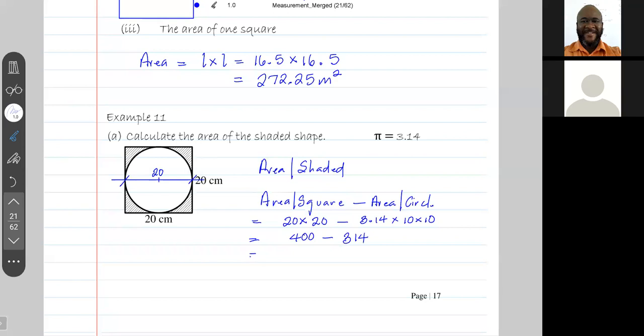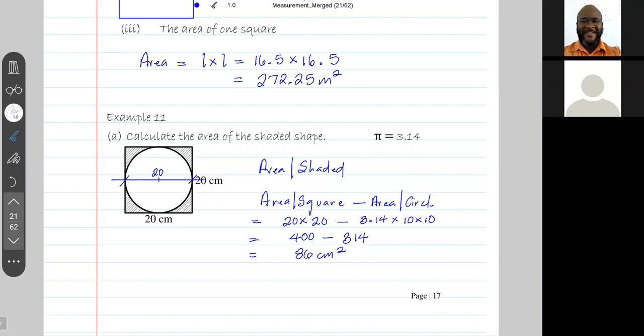The area of the shaded section is actually 86 centimeters square. So the area of the shaded in this case would be the area of the square minus the area of the circle, and that gives me the area of the shaded section, which would remain after you take the circle from the square.